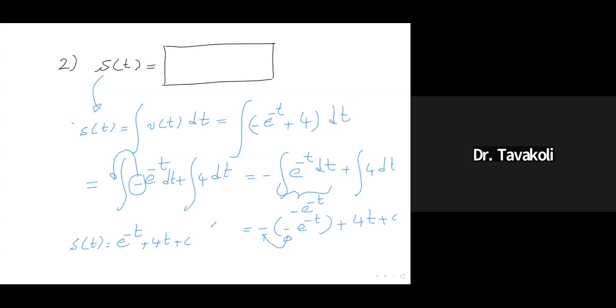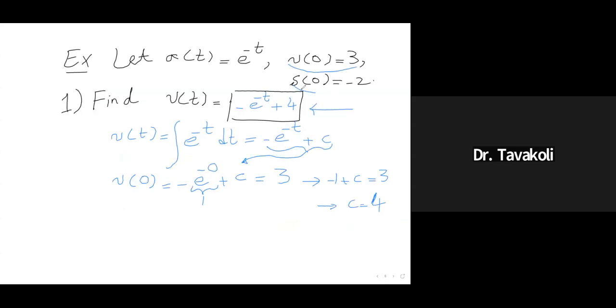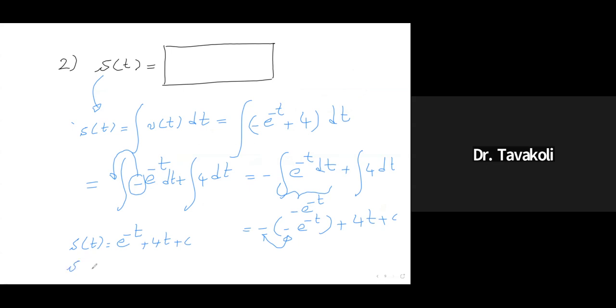How about c? What is c here? I know that s at 0 is minus 2. s at 0, in this equation, is e to the power of minus 0 plus 4 times 0 plus c, which is minus 2. e to the power of 0 is 1, so 1 plus, and 4 times 0 is 0. 1 plus c is minus 2.